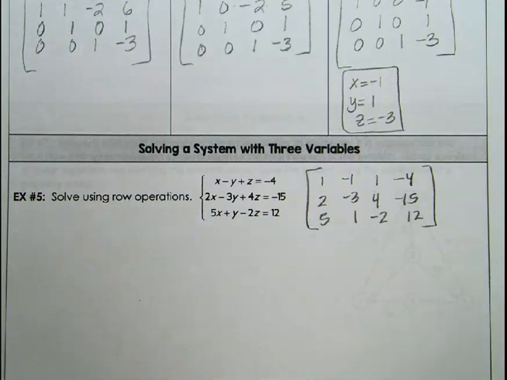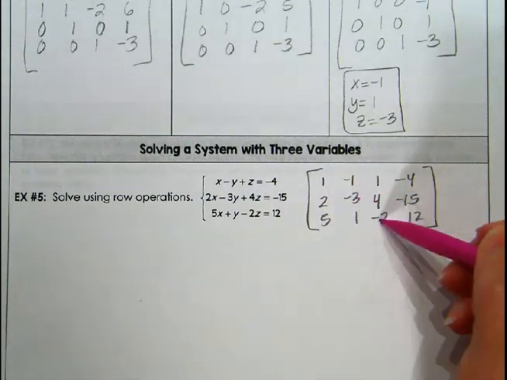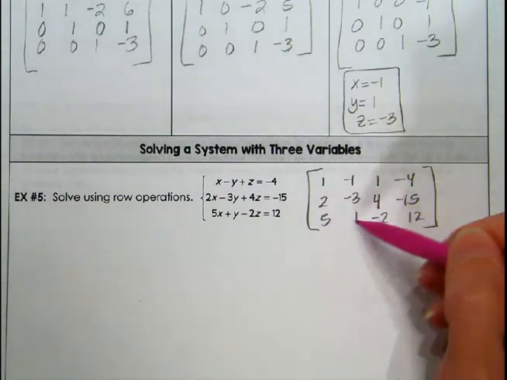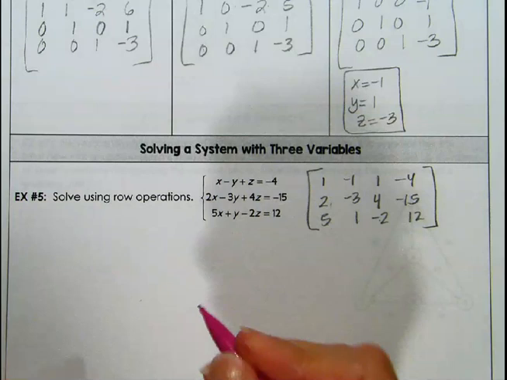Now remember, our goal is to get it to be in reduced row echelon form. So I want a 1 here, here, here, and zeros in these places. Really doesn't matter what those are, because they'll just be whatever they are. So I'm thinking it might be easiest just to start on that first row to get zeros here. Hopefully you can do a lot of that in your head.